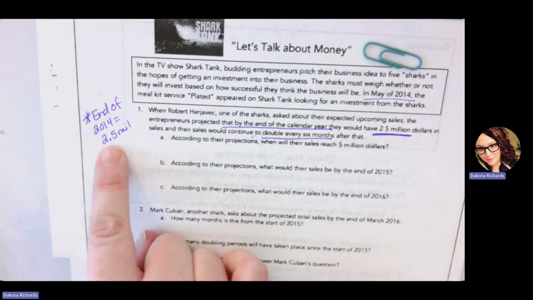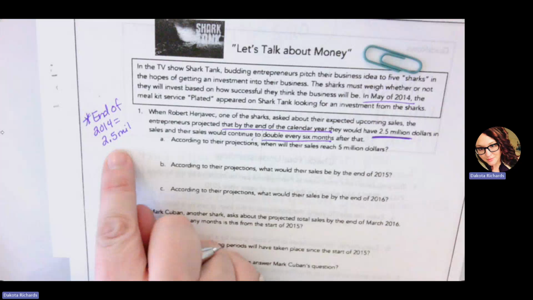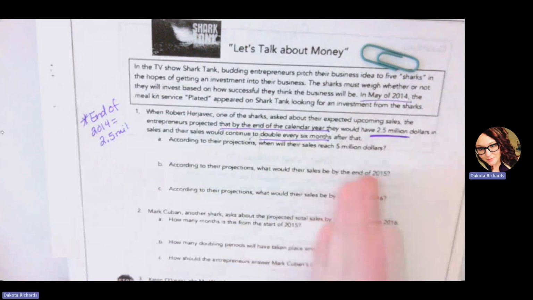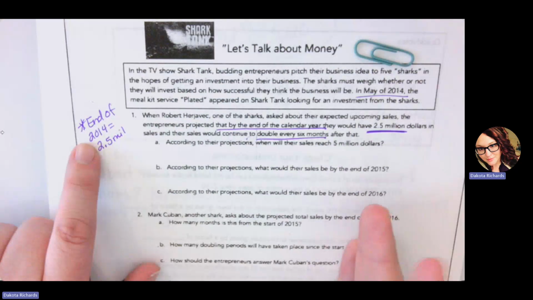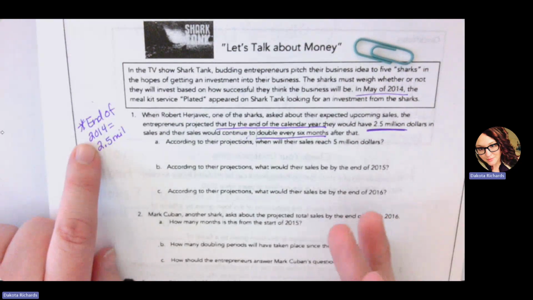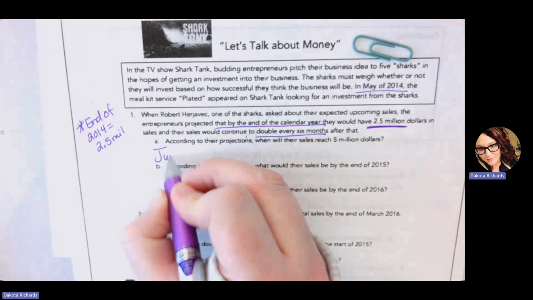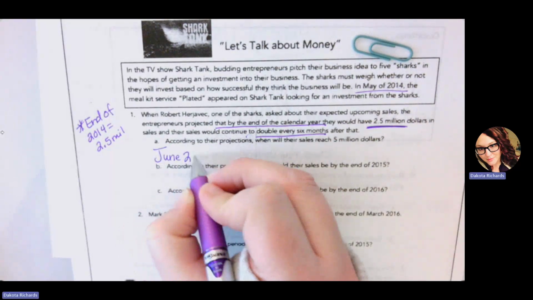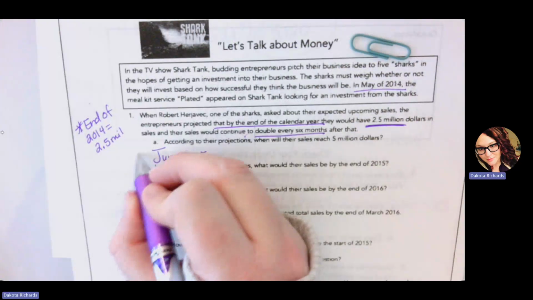So if we double 2.5, 2.5 times 2 is 5, right? So that's at the end of 2014, they have 2.5. Another 6 months and they double. So this is going to be halfway through 2015. So like the summer of 2015. So we're going to say June of 2015, or the end of June.